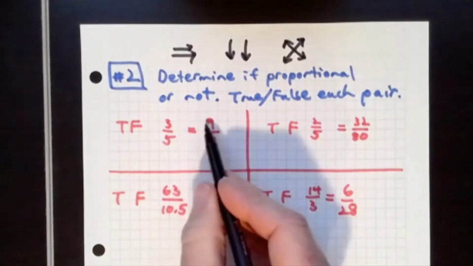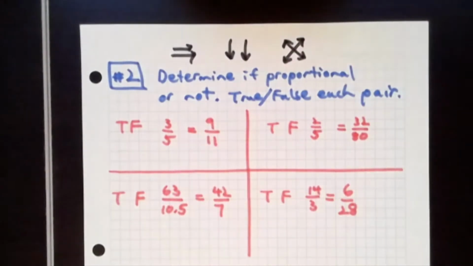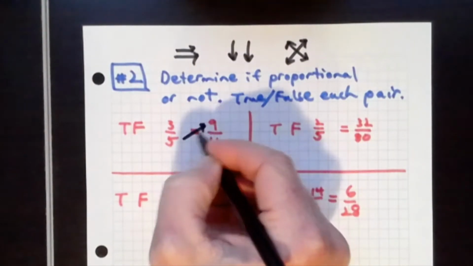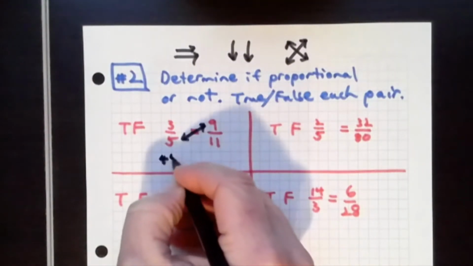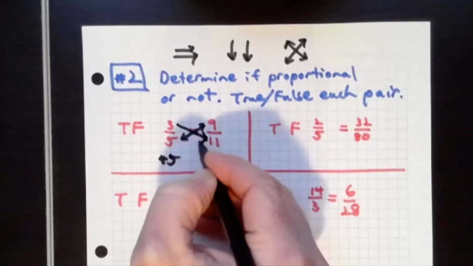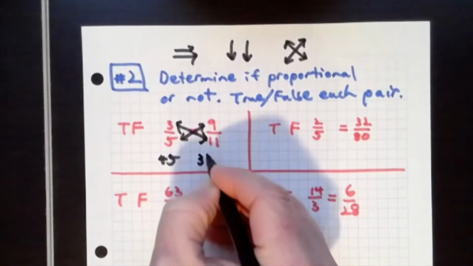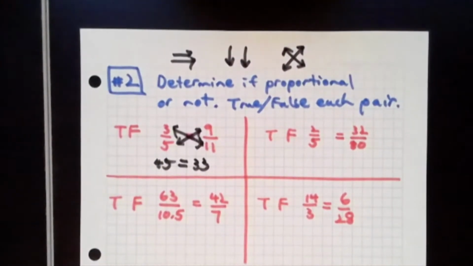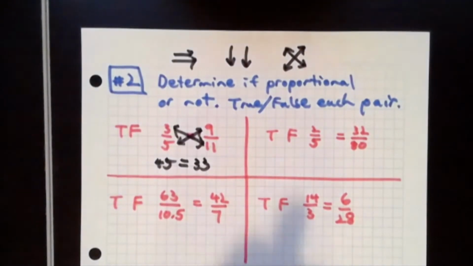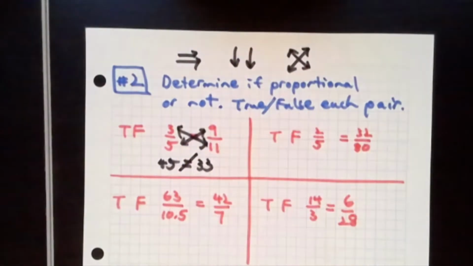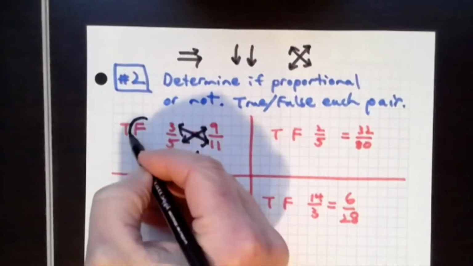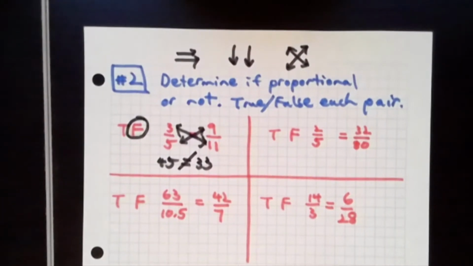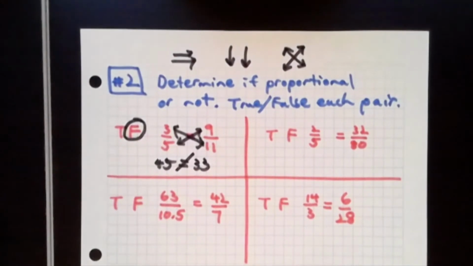I think with small numbers like this, it might be pretty obvious just to get a cross product here. 9 times 5 is 45. 3 times 11 is 33. Last time I checked, which was a few days ago, 45 does not equal 33, so that one is false. That's a quick and easy way to check if the numbers are small.